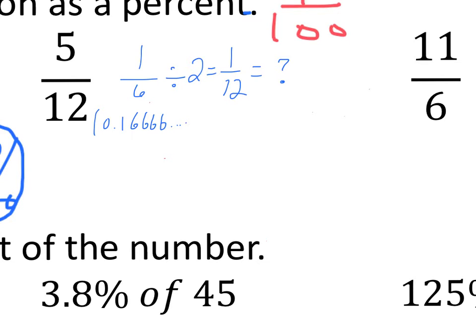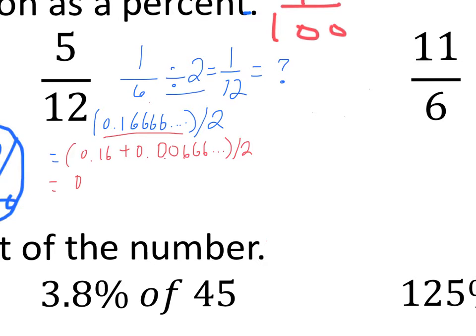Okay, I'm going to write divide by 2. Alright, I'm going to split this up. 0.16 plus 0.00666 repeating. Technically, you can solve this in your head if you choose to use a pattern.